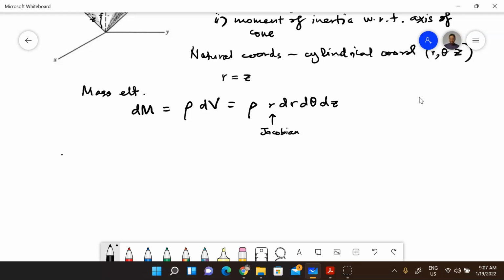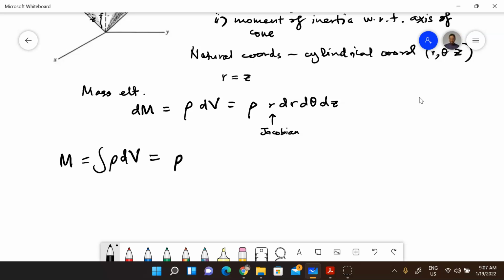So let's now try to integrate this. You get your mass m equals integral of rho dv. Your rho is considered constant in this particular case, so I can bring it outside. So it will be the integral of dv, which is coming from that volume element here.